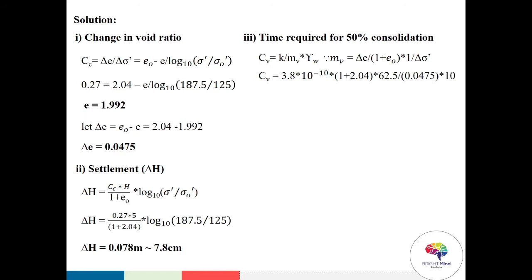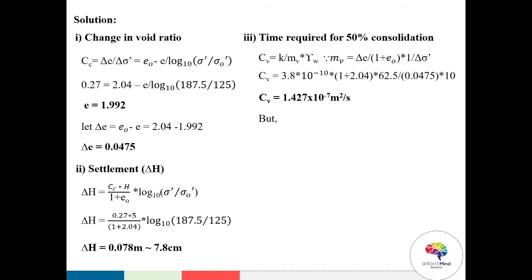Then 1 plus 2.04 into delta sigma dash is 62.5, the difference between the increased pressure and the initial pressure, divided by 0.0475, the change in void ratio, into 10, the unit weight of water in kilonewton per meter cube. The unit weight of water is assumed to be 10. So the coefficient of consolidation comes out to be 1.427 into 10 raised to minus 7 meter square per second.